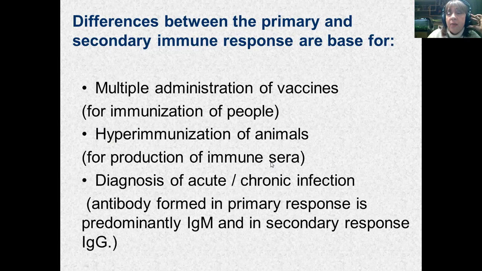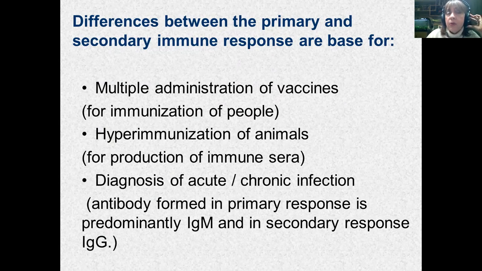We inject the same antigen, like tetanus toxoid, into horses, and a very high titer of antibodies accumulates in the serum of this animal, and we can take the serum and use it as medication for people suffering from tetanus.